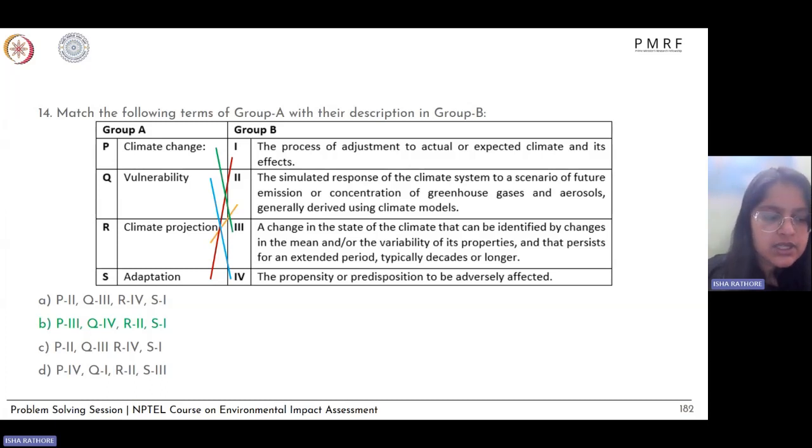So P matches with 3. Then vulnerability is the propensity or predisposition to be adversely affected. So Q matches with 4. Then climate projection is the simulated response of the climate system to a scenario of future emissions or concentration of greenhouse gases and aerosols generally derived using climate models. So R matches with 2. And then adaptation is the process of adjustment to actual or expected climate and its effects. So S matches with 1.